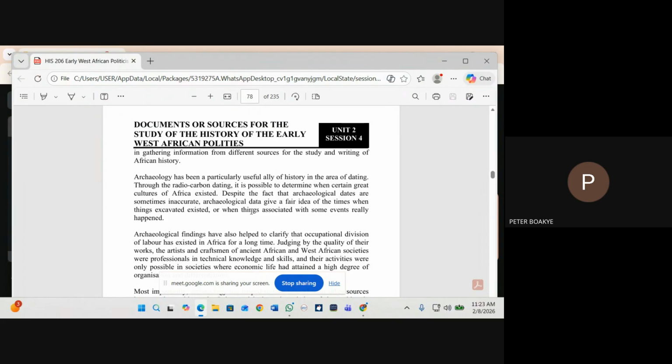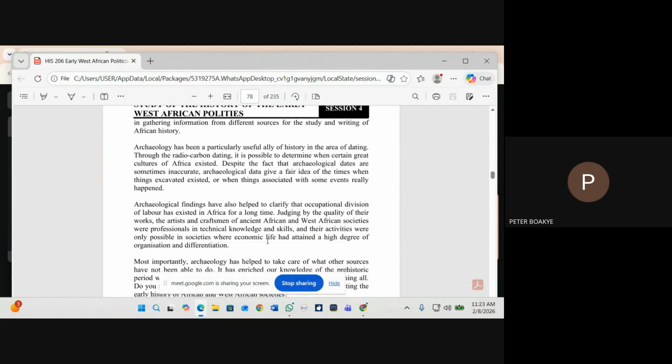And that's very relevant. Archaeology has been a particularly useful ally of history in the areas of dating. So we mentioned the carbon 14 dating method. There are types of dating, relative dating and absolute dating.